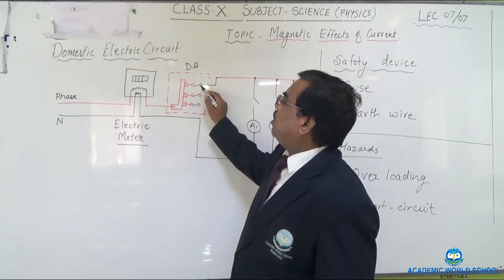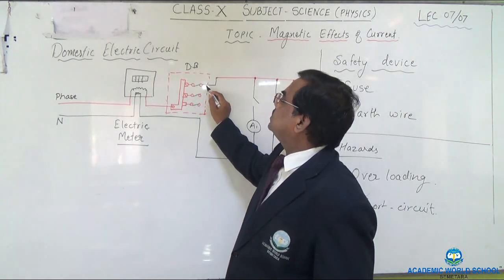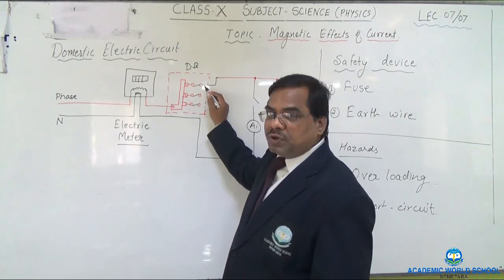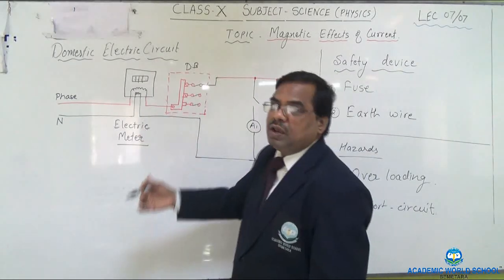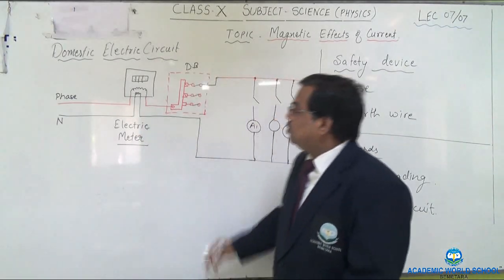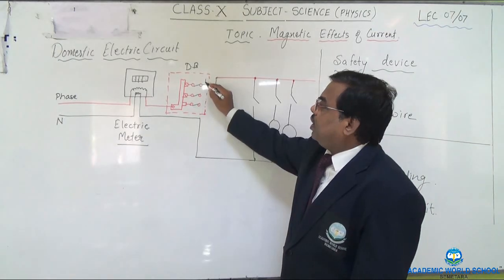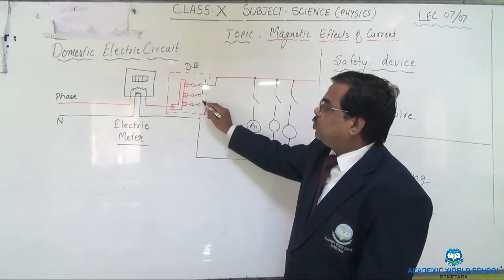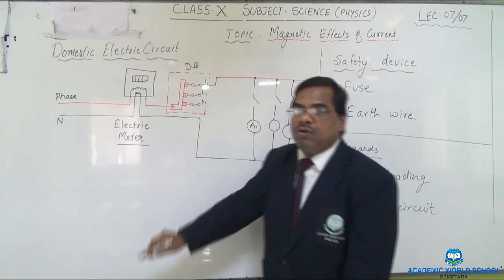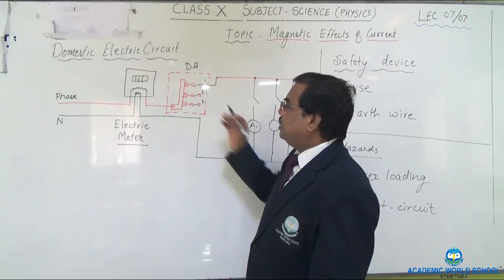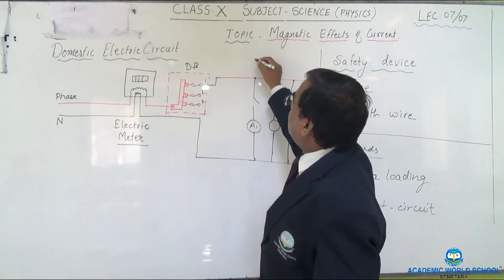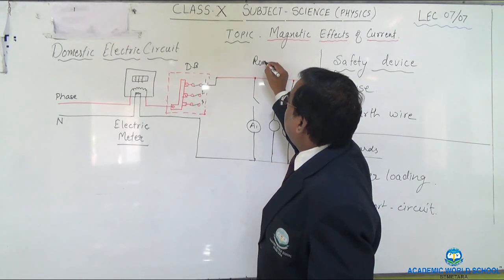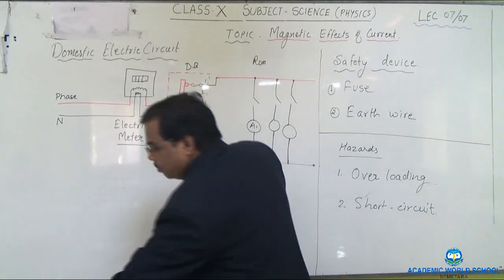Okay, now the output of each fuse goes into individual rooms of your home. I have taken only one, the remaining 2 and 3 I have not shown. Okay, it will be similar. So let's say the first one goes to your room number 1.